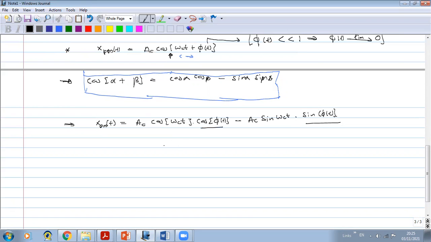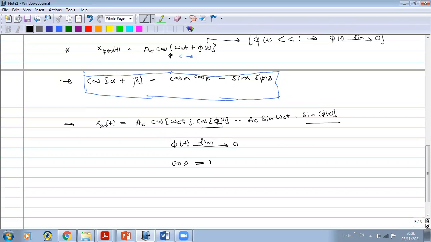So what is the assumption? We assume that φ(t) is limiting to 0. So this is a very small value. What happened? You already know that cos 0 is equal to 1.